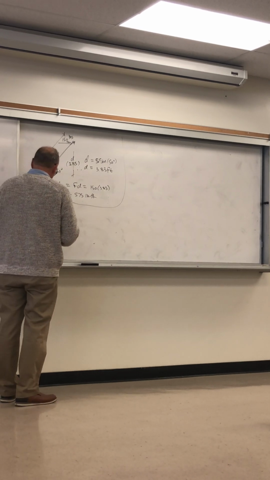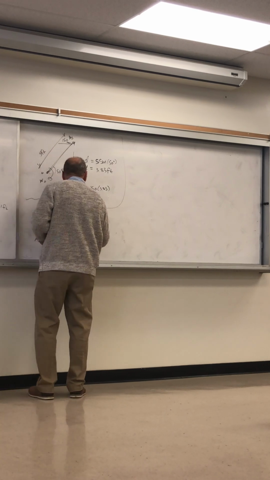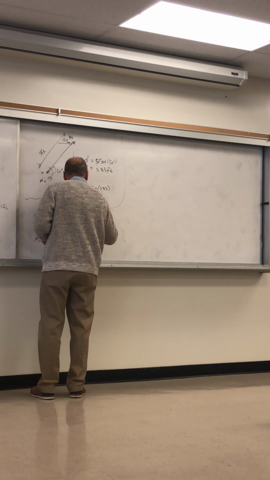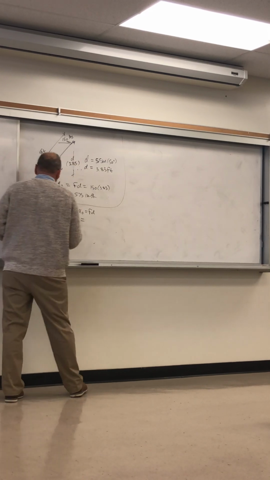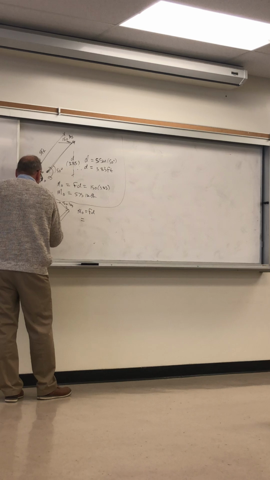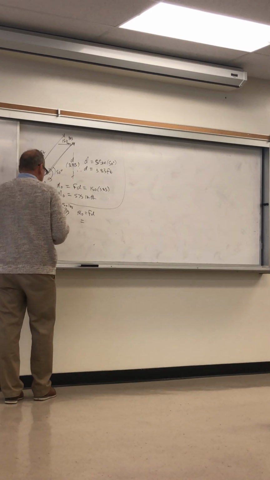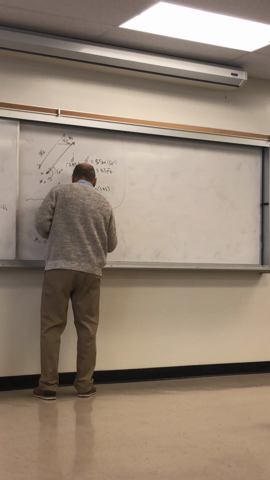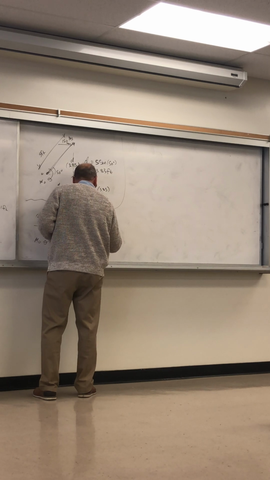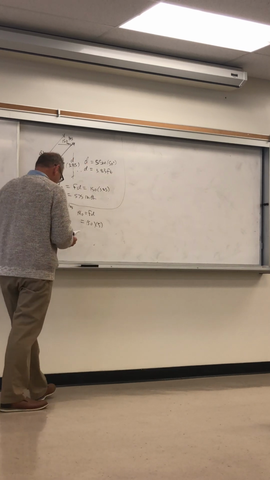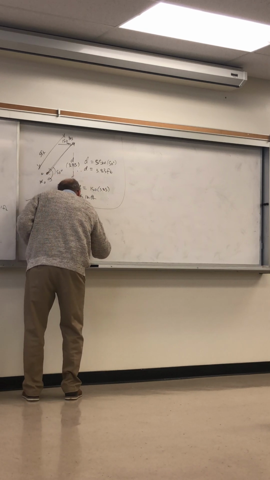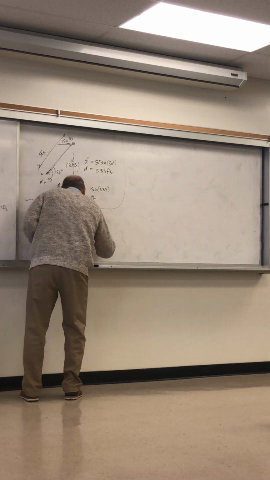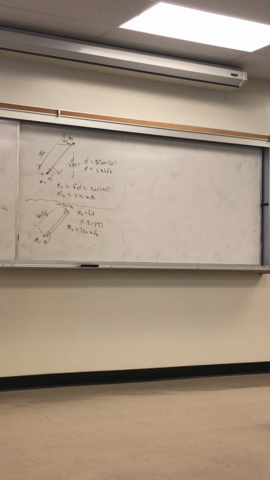So I have M sub O is F times E. And this is E in this case, because this is 90 degrees. So I have 50 multiplied by 5. So that's 250 pound-feet in the clockwise direction.